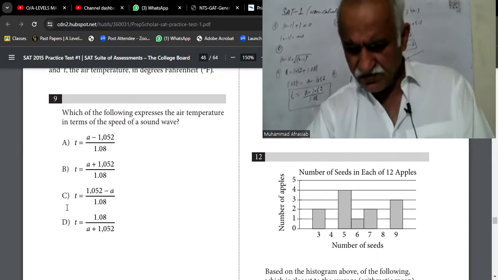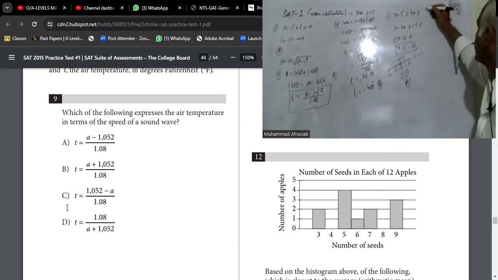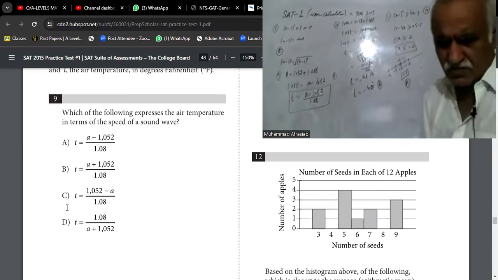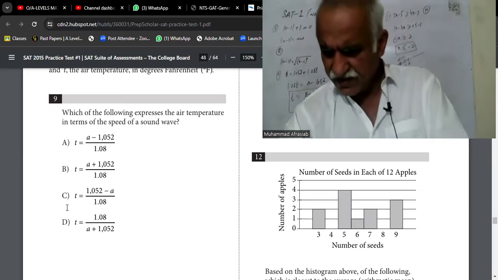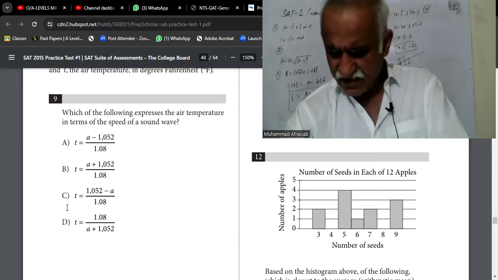Question number 12 now. The number of seeds in each of these apples, number of apples and the number of seeds.